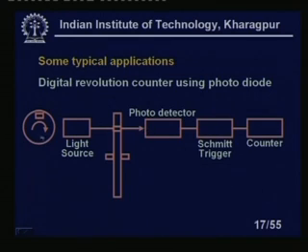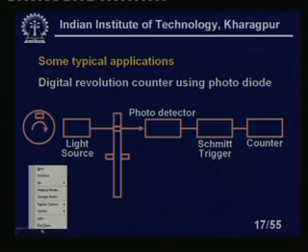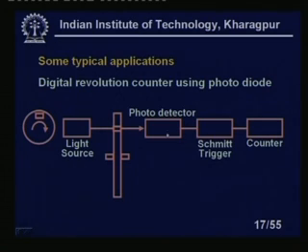If this disk rotates, as there is a shaft and the disk rotates, for each rotation I will get a pulse at the output of the photo detector. Now, this type of pulse will be of very irregular shape.